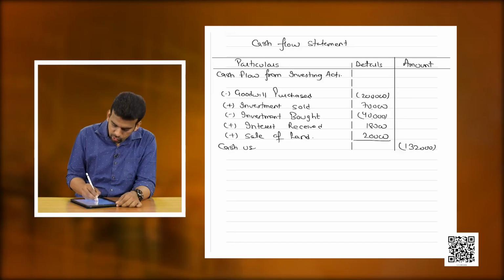The final figure is 132,000 but in negative. So, this is going to be cash used in investing activity. So, this is how we complete cash flow from investing activities, and cash flow from financing activity would be dealt in our next session.